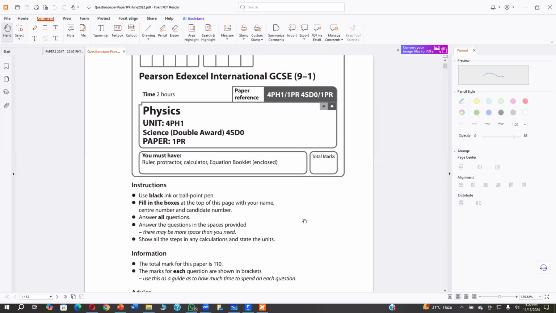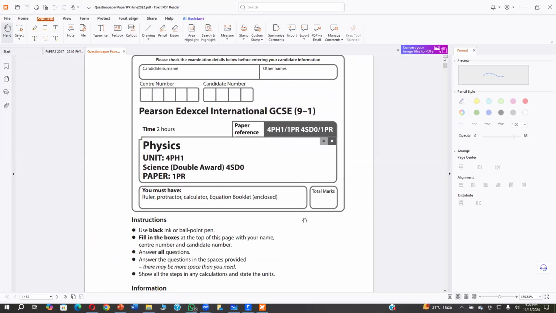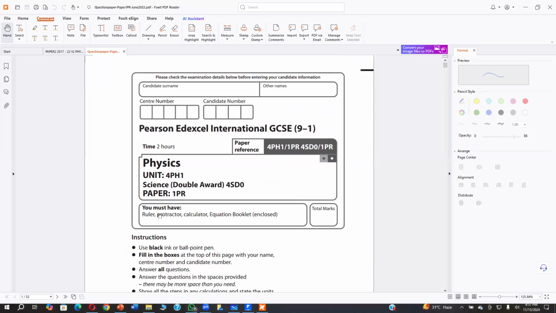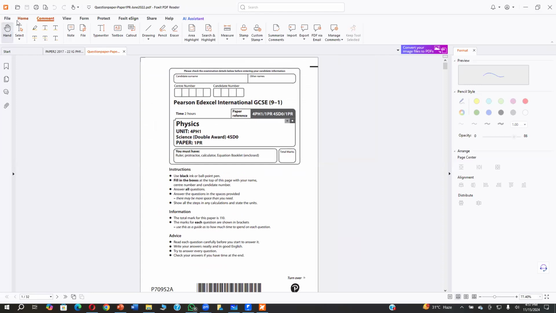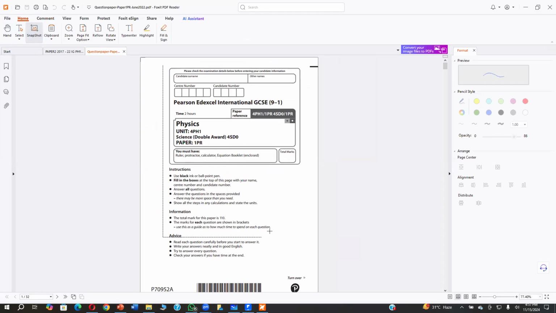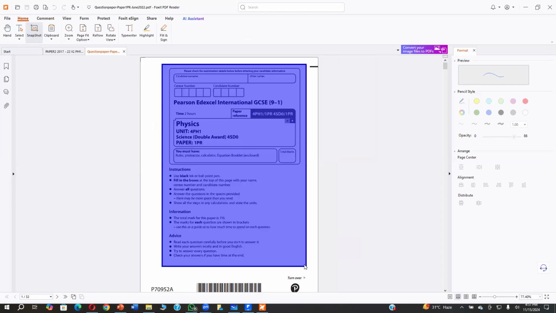You have to double check with your teacher that we are doing this code. I'm sure it's the same code, but I want to double check about this double award or triple award. I said that, yeah, we are doing this one, but is it double award or triple award? Triple.